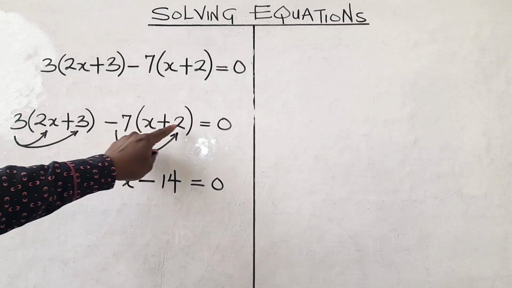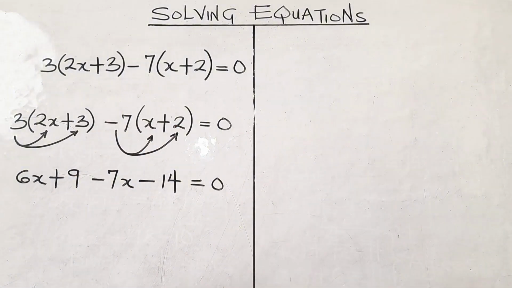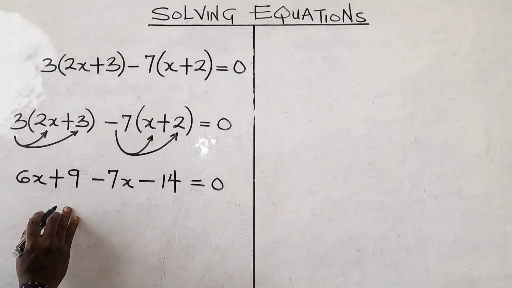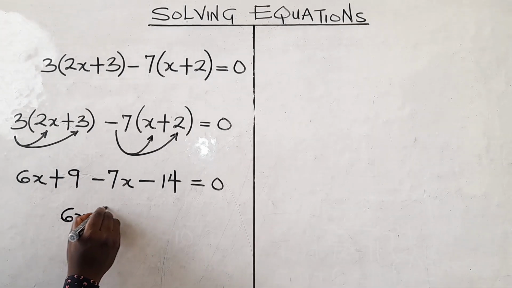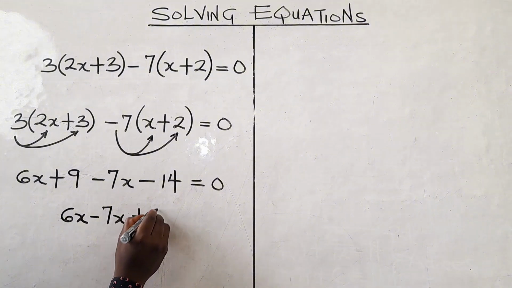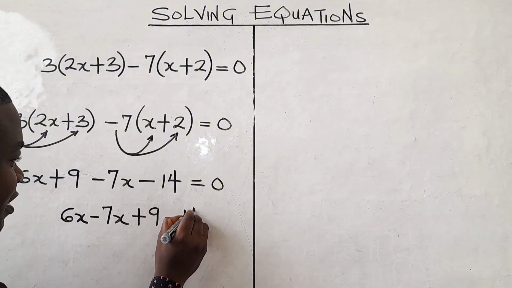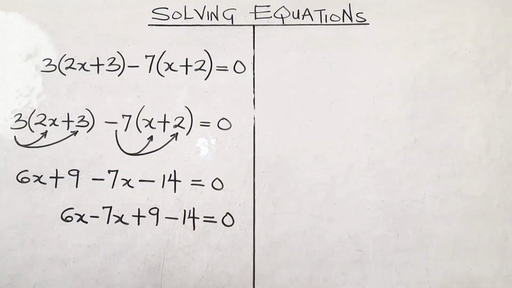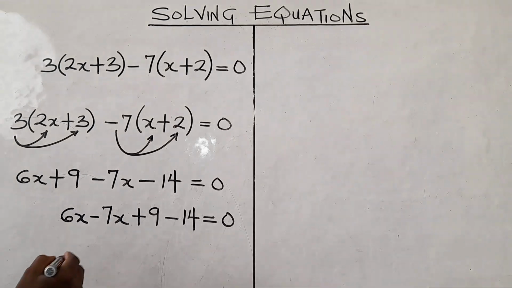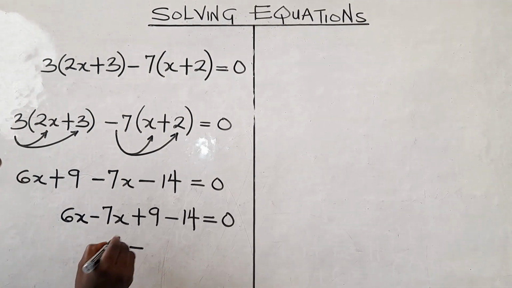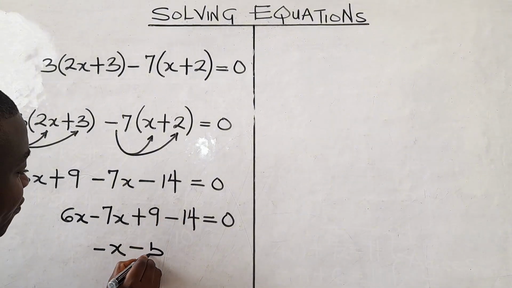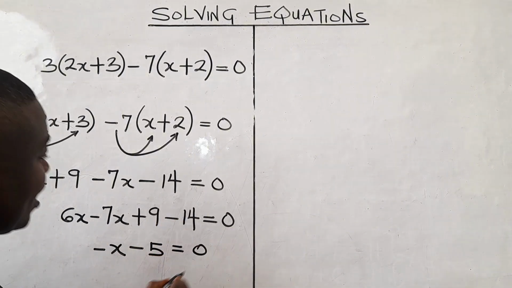They will go on and multiply, leaving the signs. Let's look at the like terms here. This is the same thing as 6x minus 7x plus 9 minus 14 equals 0. So this gives us negative x minus 5 equal to 0.